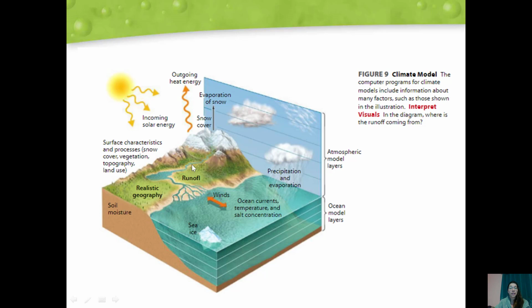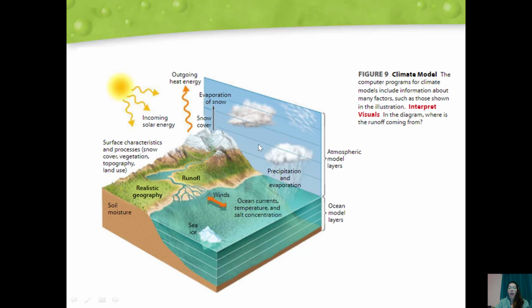We can see that the way this model is affected also takes into account snow coverage, vegetation, the topography, right? How many mountains and rivers there are, and the land use. So if we had a farm or something going on here, that of course would change the dynamics of this model.